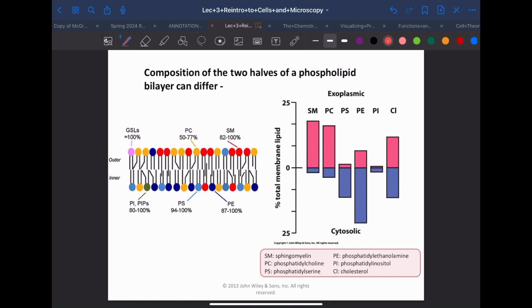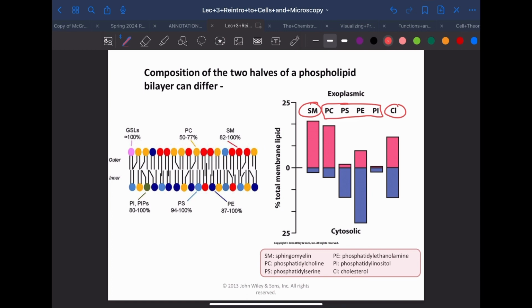They are different. So here is a figure from your textbook, right, that shows you the composition of each of those. So these are all your phosphoglycerides. This is your sphingolipid and your cholesterol, right? You can see that they kind of balance each other out, right?